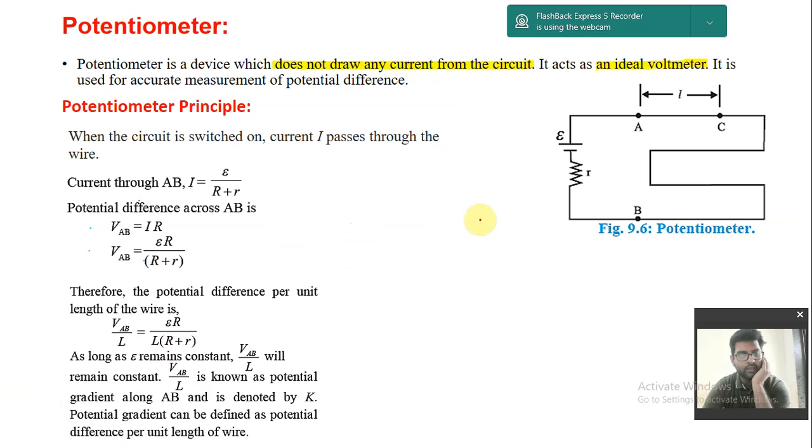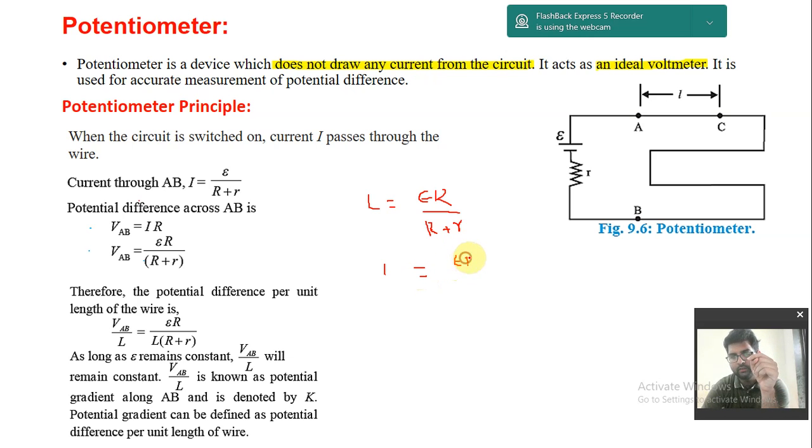The unitary method says that for L length of wire, the potential difference is epsilon R upon (r + R). So for 1 unit of length, per unit of length, what will we have?